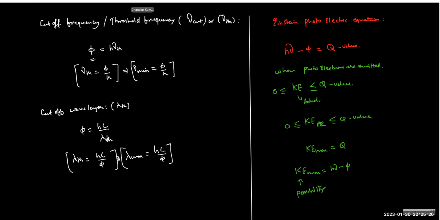So in the Einstein photoelectric equation, the K max represents the maximum kinetic energy a photoelectron can have. Understood? Yes, sir. So the photoelectron can have up to this value. It is not the value which you can expect all the time. Understood? Yes, sir.